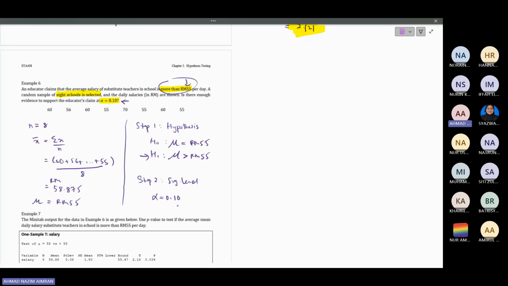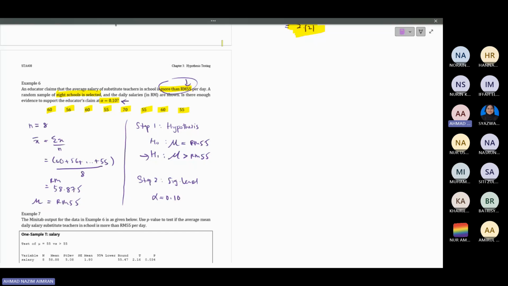So what you have to do is, from all this data, this is our sample, you have to calculate the standard deviation of the sample. Since you need to calculate the standard deviation of the sample, we need to use the t calculated this time.